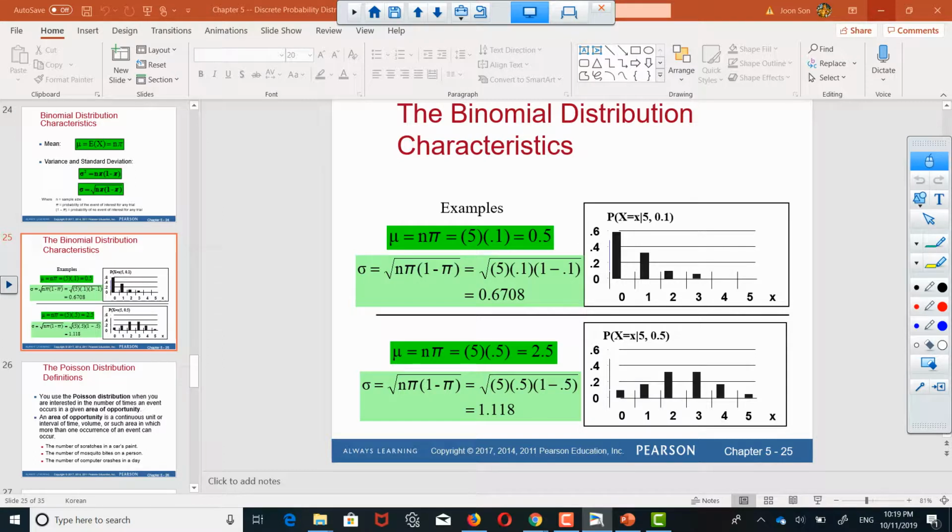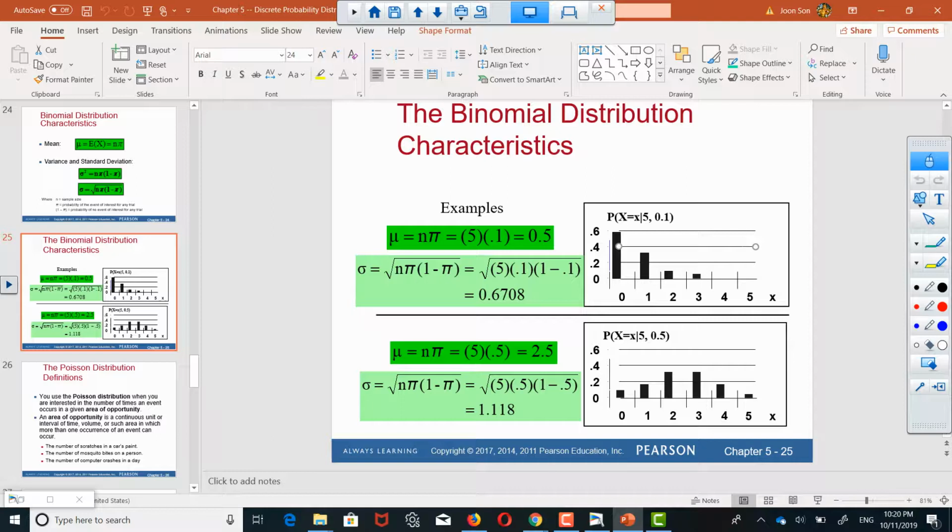So this is an example. When n is 5 and pi is 0.1, the average is 0.5. If you look at this graph, since 0 is the most frequent event, on average the value for the random variable x is 0.5, and mu is n pi.